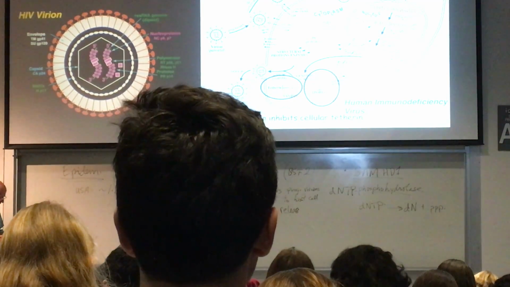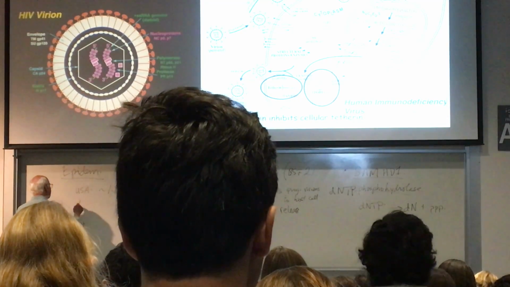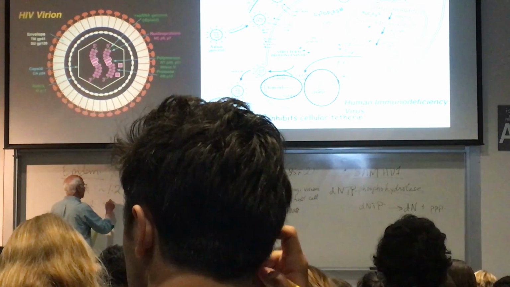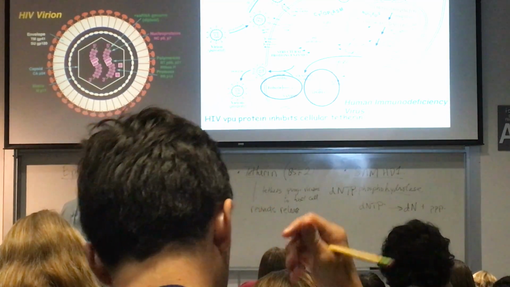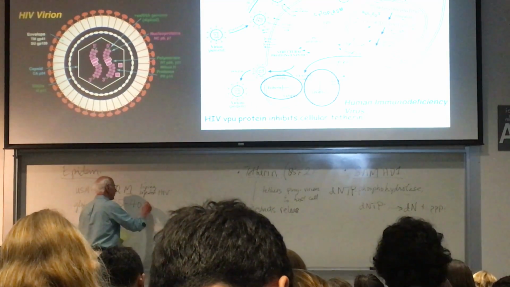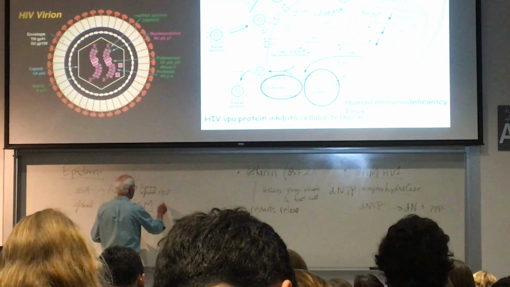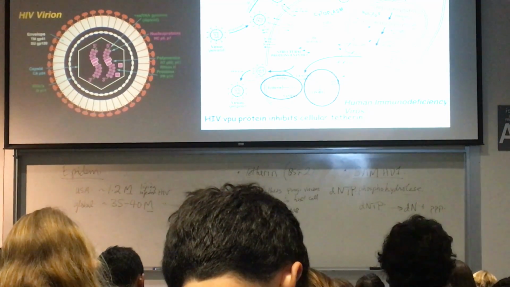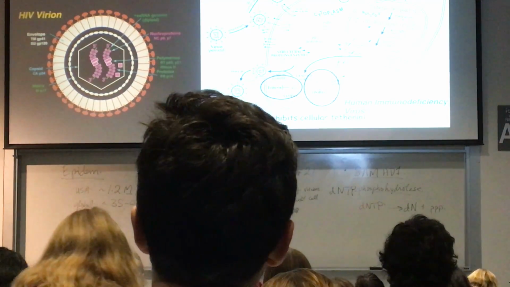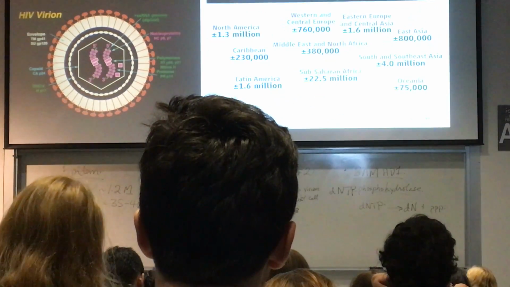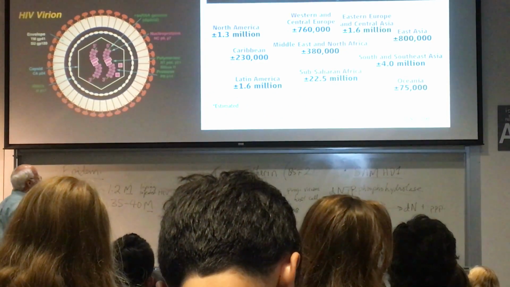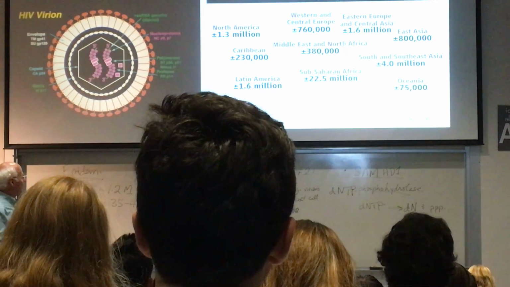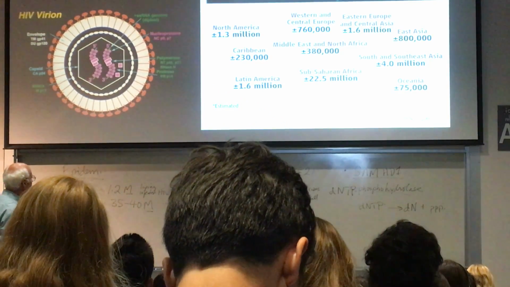Globally, estimates are in the order of 35 to 40 million people infected. So the bulk of these cases, and I gave you a figure on your handout, it's a little bit old, but it still is accurate in terms of the distribution globally.